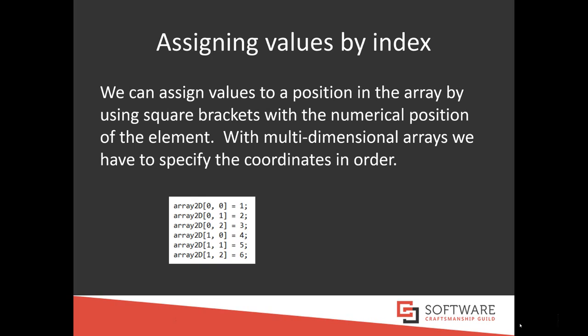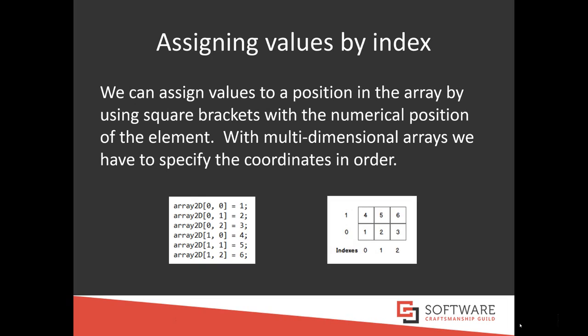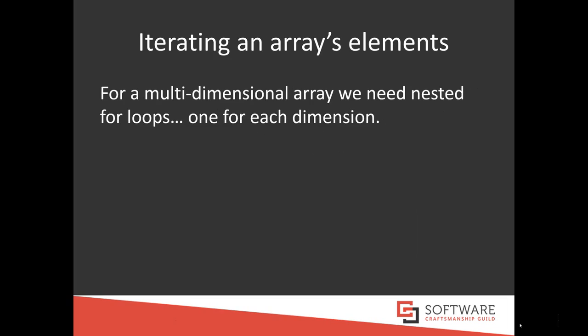So here's some code that starts from position 0, 0 and works its way up through each of the columns in the 0 dimension, and then does the same thing in the dimension of 1. 6 values. That's going to put the values in the array looking something like this image right over here. The thing to remember is that when you declare the array, the order of the dimensions specifies the maximum value and the order that you put in for accessing a single element.